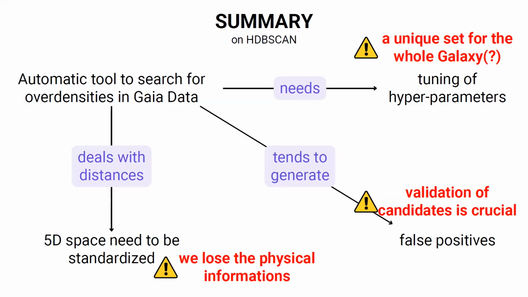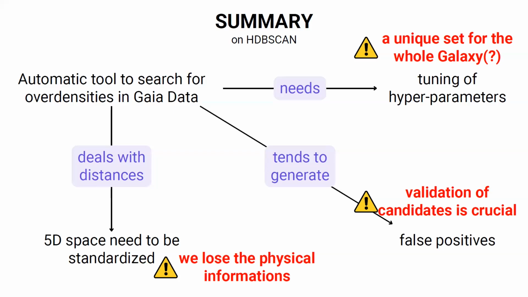And another thing that is very important, connected to how we define an open cluster, is the fact that this algorithm deals with distances. And so you need to search in a 5D space that is standardized. So in this way, you are losing physical information. So what you are finding actually are clusterings of data, but not real clusters.